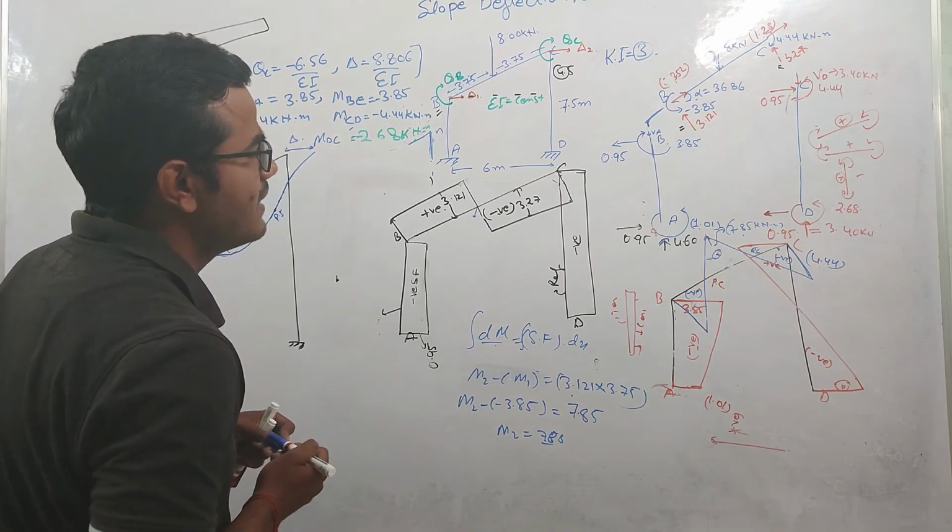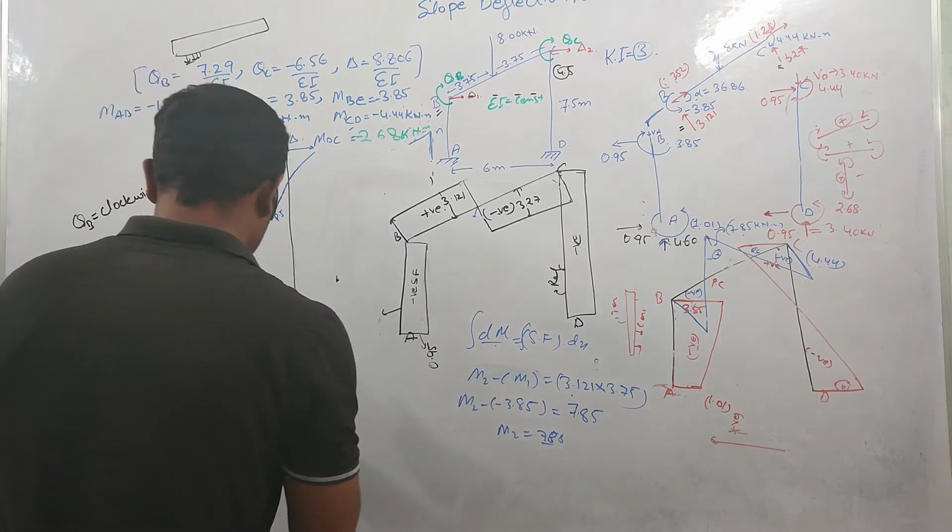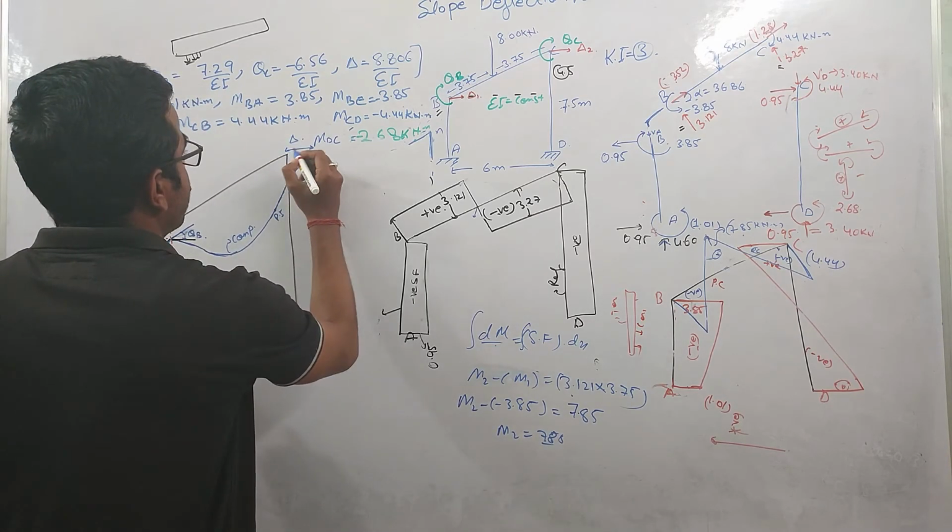And you can see that this theta C value is basically coming anti-clockwise. So this is our reference axis.